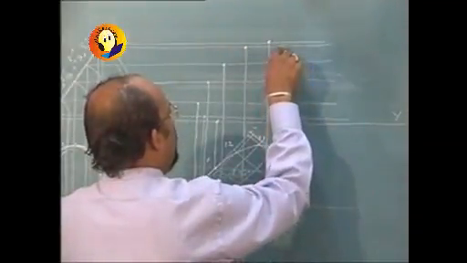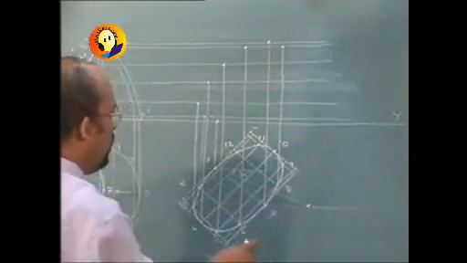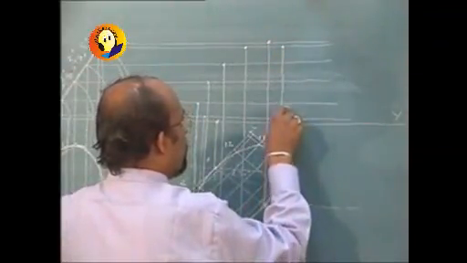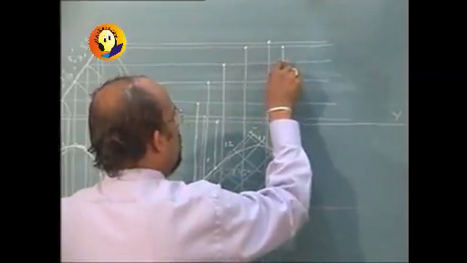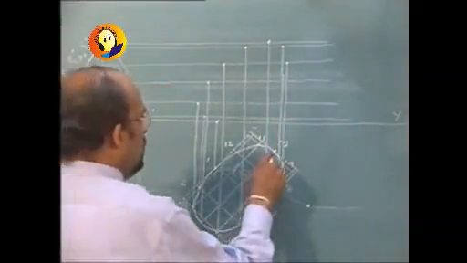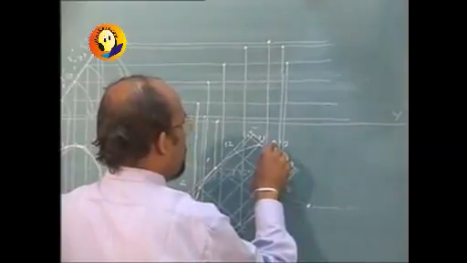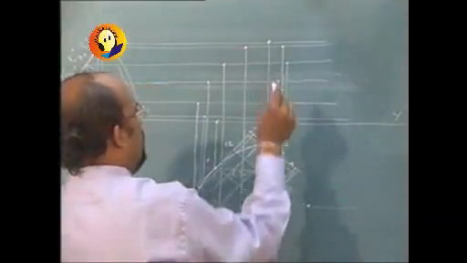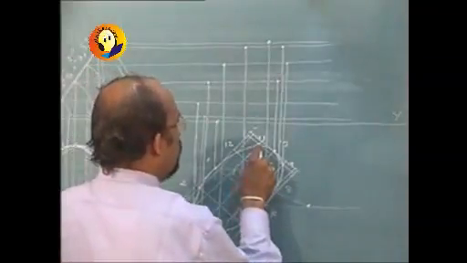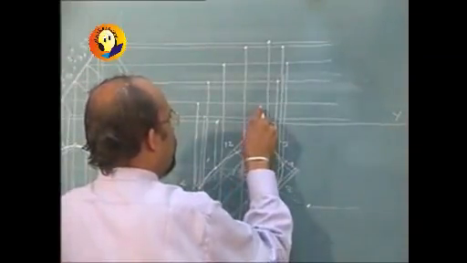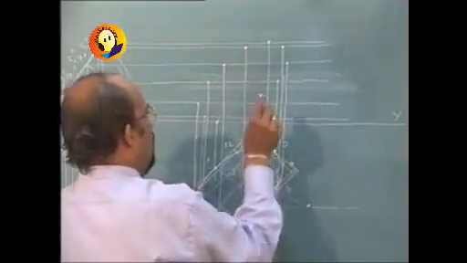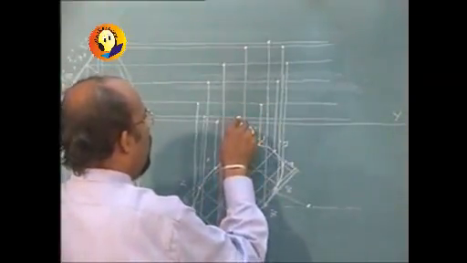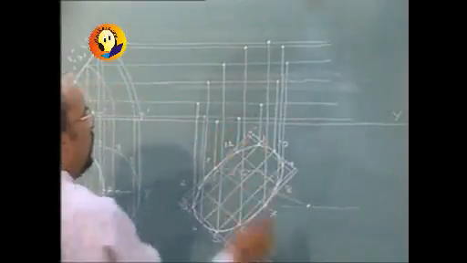Projector through point 8 up to path of 8. Projector through point 9 up to path of 9. Projector through point 10 up to path of 10. Projector through point 11 up to path of 11. And finally projector through point 12 up to path of 12.